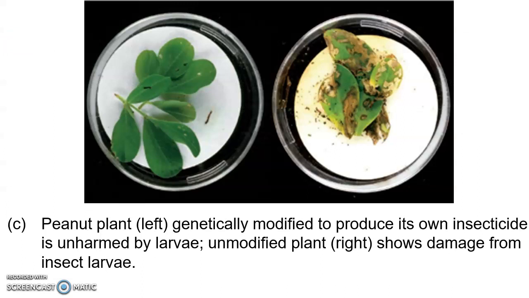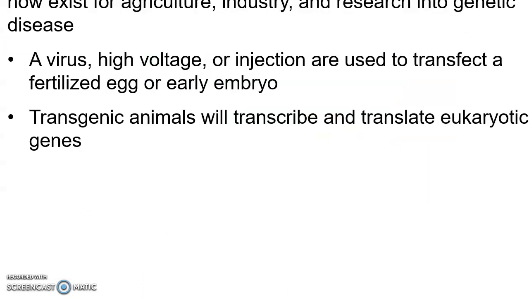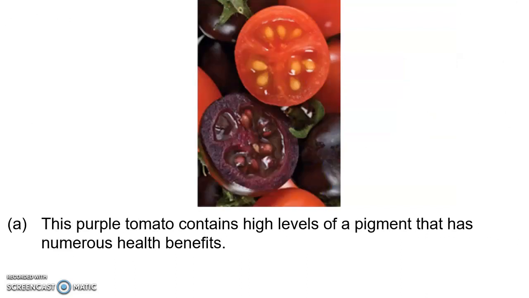When it comes to genetically modified plants, in 2012 there were about 240 million acres of GM plants grown in the U.S., and those were for herbicide and insecticide resistance, mostly corn, soybeans, cotton, and canola. There have been a lot of concerns about the potential negative impacts of genetically modifying these plants.